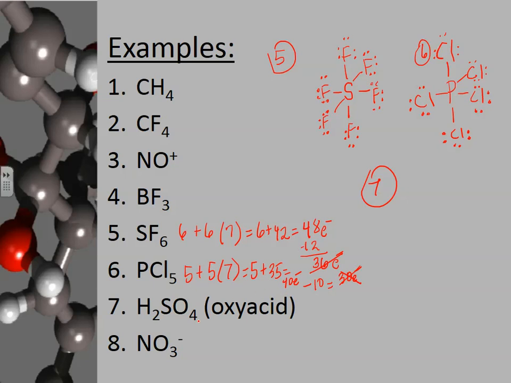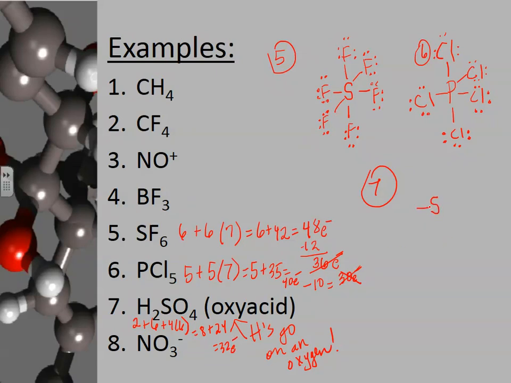All right, number 7 is an oxyacid. So with oxyacids, the hydrogens go on an oxygen. Always remember that. So we have 2 from the hydrogens plus 6 from the sulfur plus 4 times 6 for the oxygens. That's going to give us 8 plus 24, which gives us a total of 32 electrons.